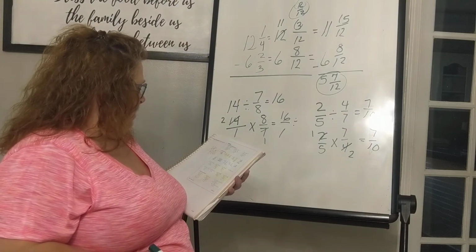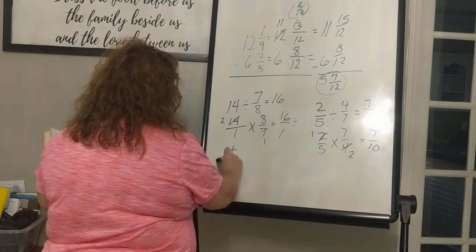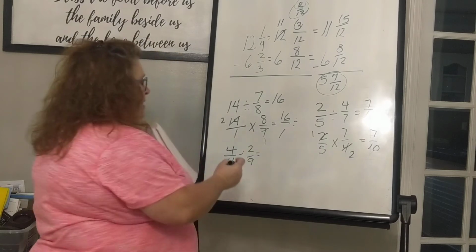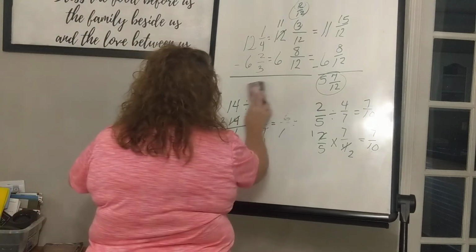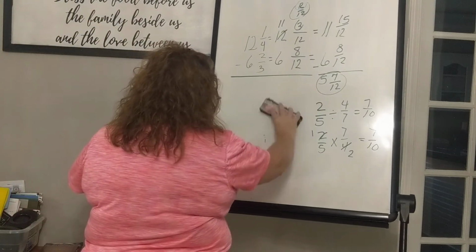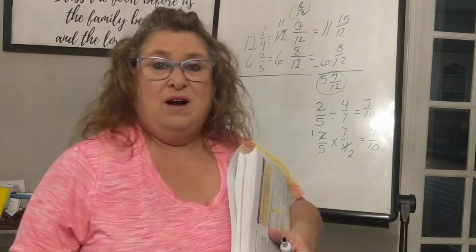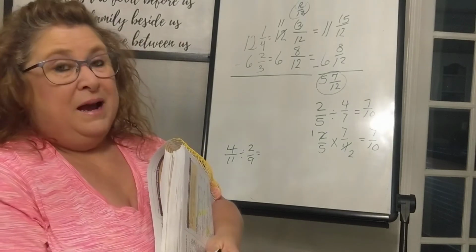Then we have 4/11 divided by 2/9. I'm going to say it again, and I'm going to keep saying it because there are people who are still missing these division problems, and there is no reason to miss dividing by a fraction. Dividing by a fraction is the same exact thing as multiplying by a fraction.